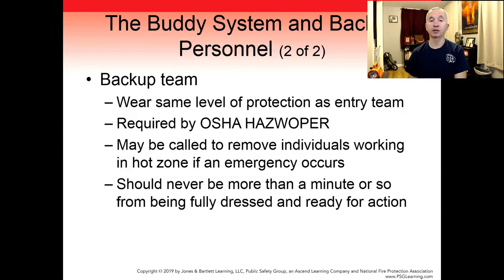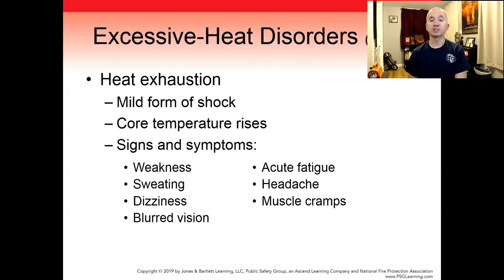Excessive heat disorders can include heat exhaustion, which is a mild form of shock that arises when the circulatory system begins to fail because the body is unable to dissipate excessive heat. The core temperature rises, followed by weakness and sweating, and other signs and symptoms can include dizziness, blurred vision, acute fatigue, headache, and muscle cramps.